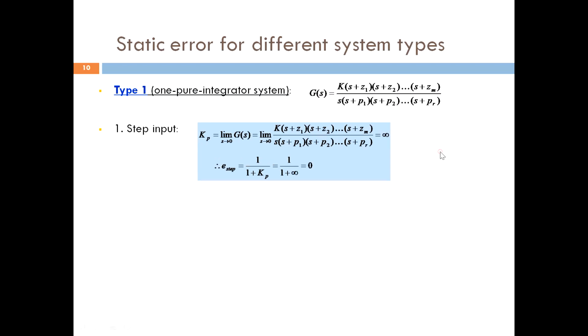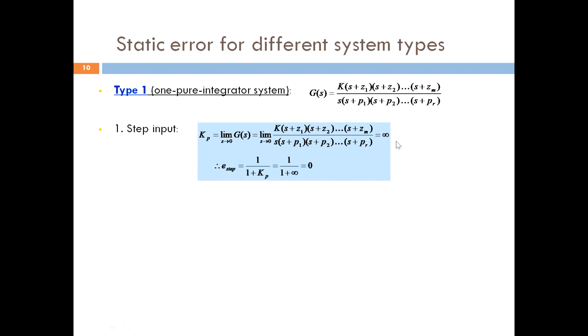Okay, we move on to a type 1 system. Notice a type 1 system has got s, or a pure integrator, that is just one pure integrator. And if we consider that for a step input, we are going to have a position error constant which is infinite.